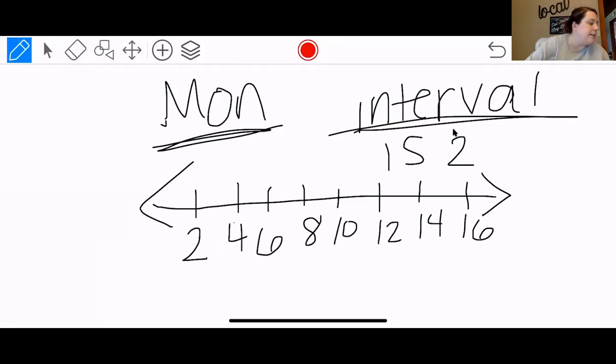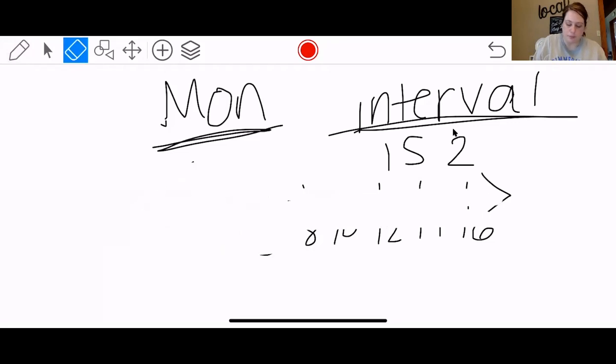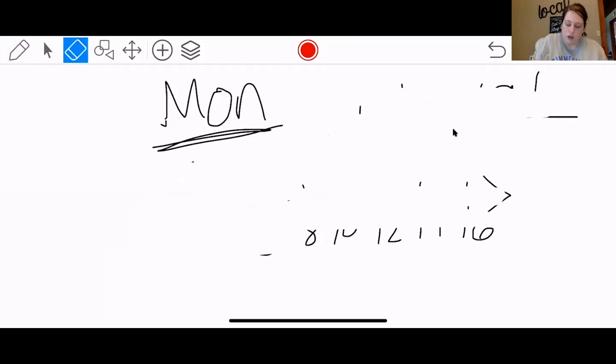In your book, it says study these examples. You can use larger intervals to represent greater numbers. To show 120, draw a number line with 10 as the interval. Then mark the point that represents 120. So let me show you the one they have here. I'm going to erase all of this and try to do a bigger one for you.